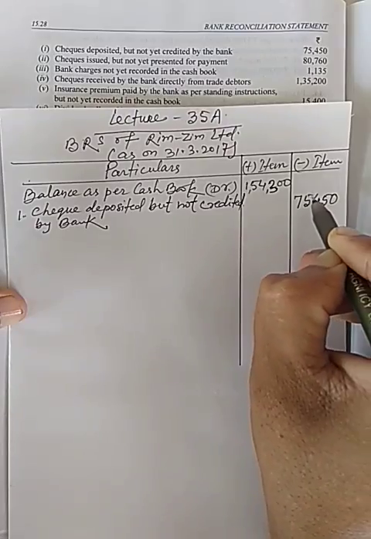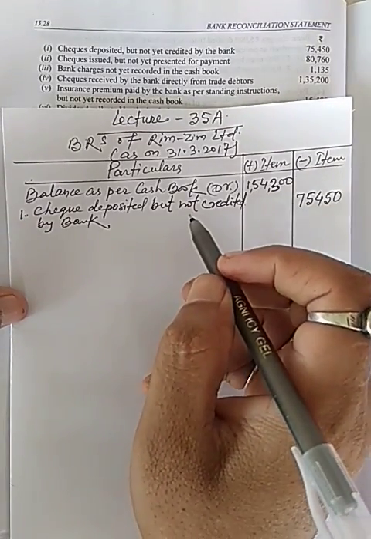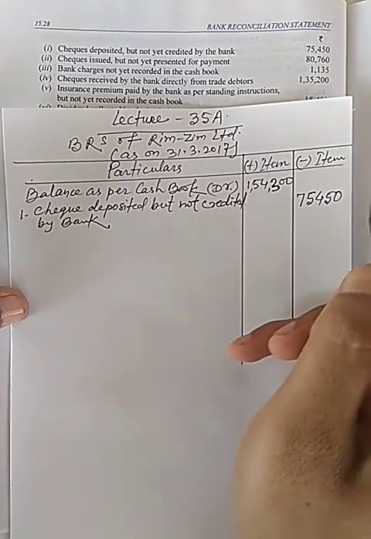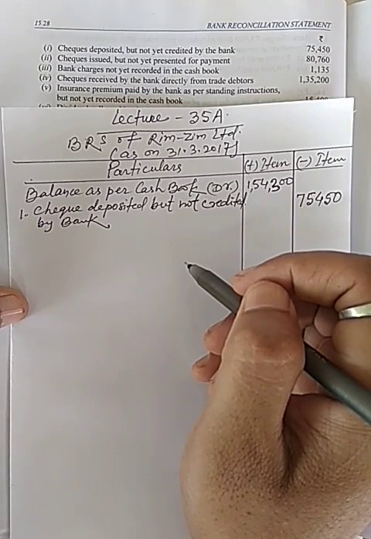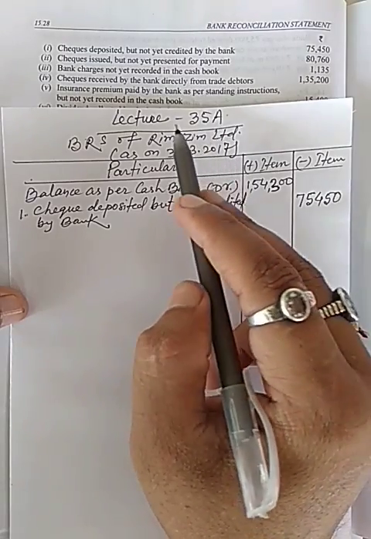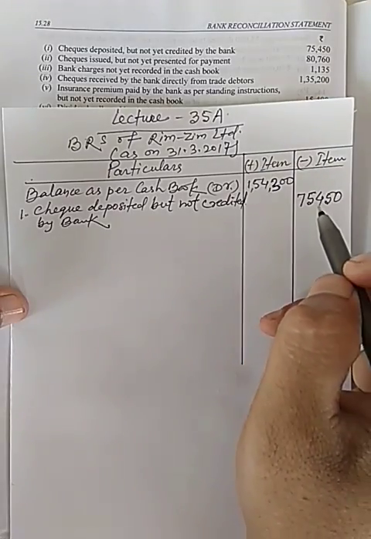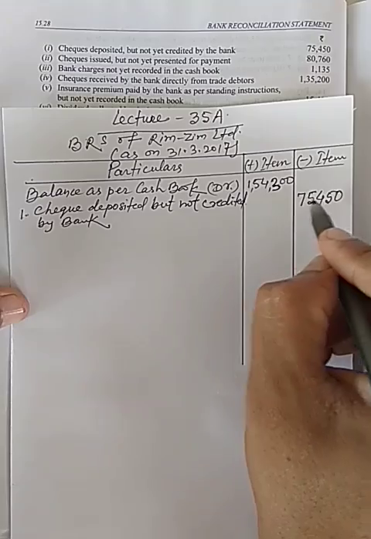But how can we say that cheque deposited but not credited will be in minus item? I have explained this in the previous video, lecture number 34A. You can search on YouTube.